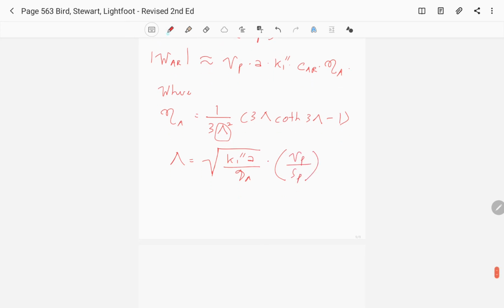And this variable in here is what we call a generalized modulus.